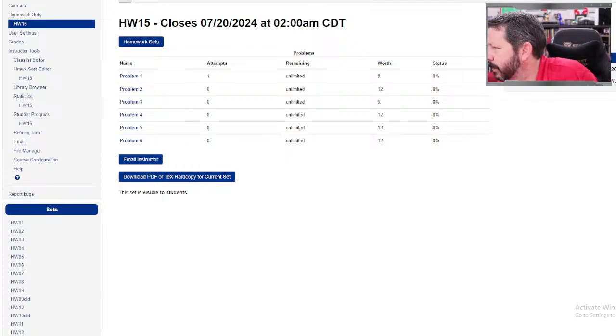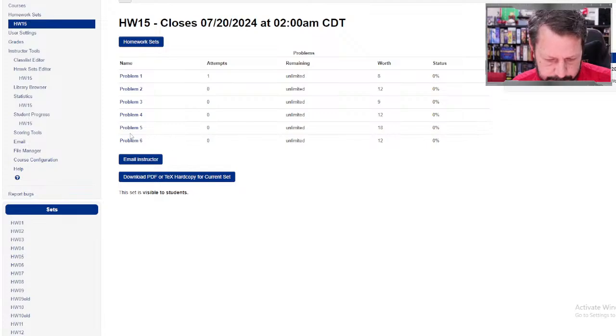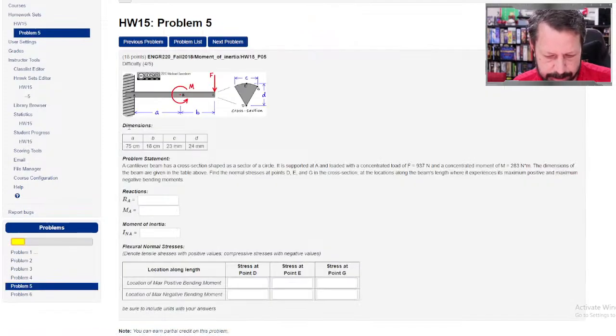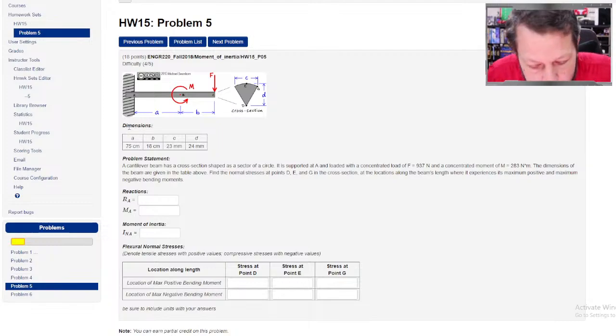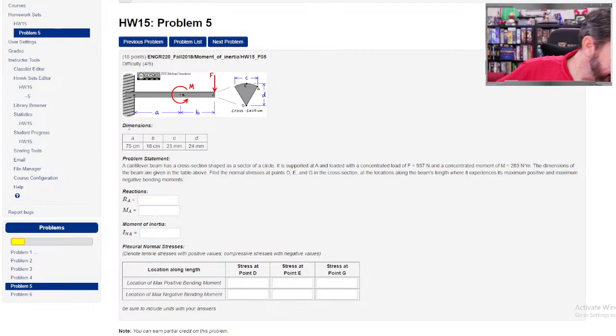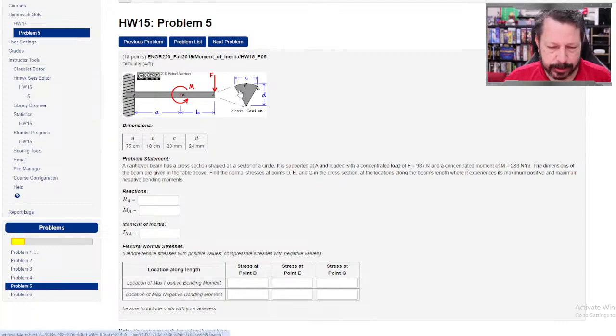Let's see, 15.5. Let's see what this is about. Okay. Yeah. This one, it's not a hard problem. It's a tedious problem. So I might remember how to do it, and I might not. We'll look at it and see. If this thing had any other cross section, not this pie-shaped thing, then it's really straightforward.